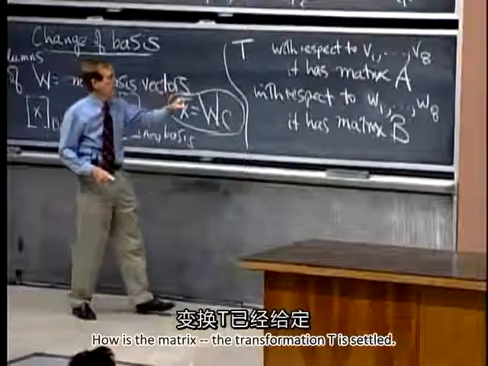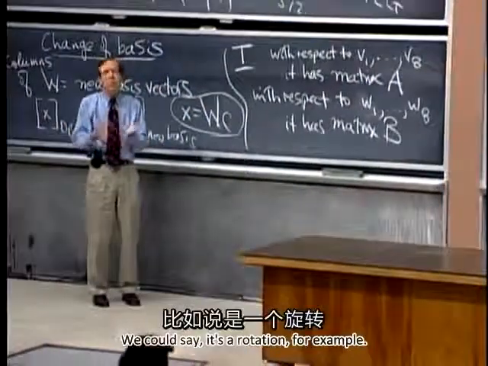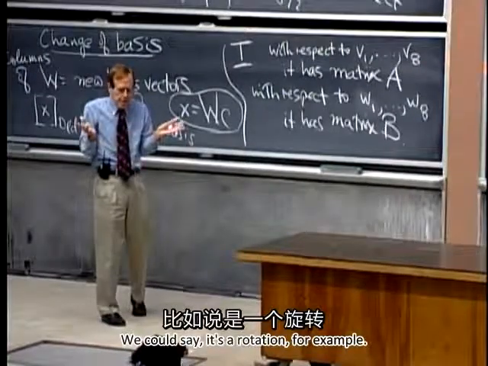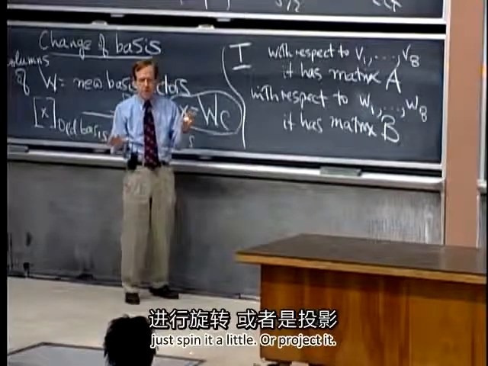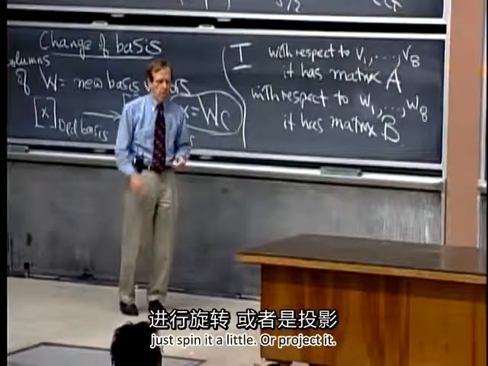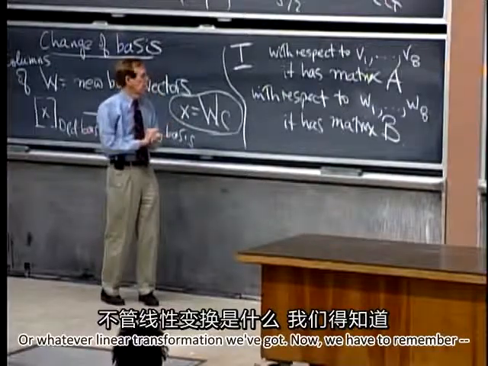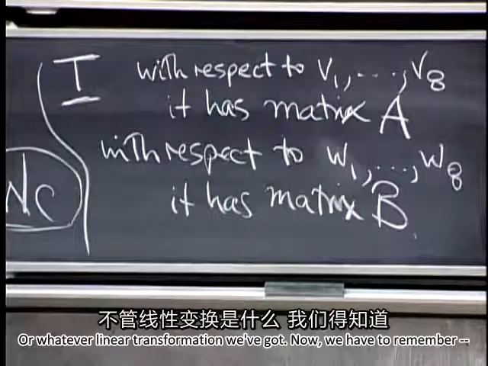The transformation T is settled. We could say it's a rotation, for example. So that would be one transformation of 8-dimensional space. Just spin it a little, or project it, or whatever linear transformation we've got.